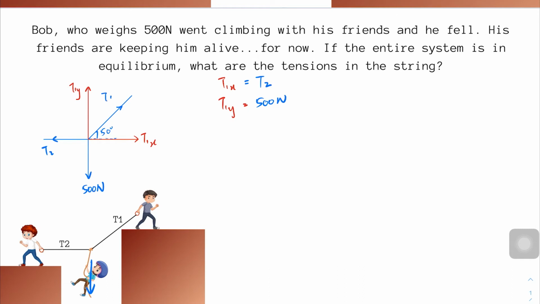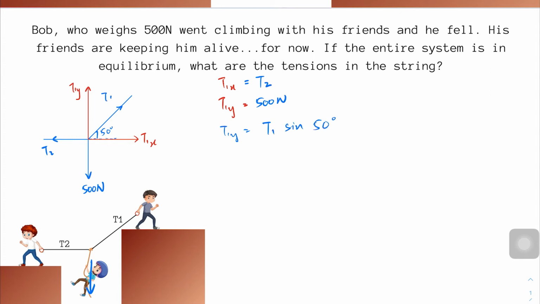If I go back to the resolution of forces, I know that T1y is the opposite line in this right angle triangle. So T1y would be equal to T1 sine 50 degrees.